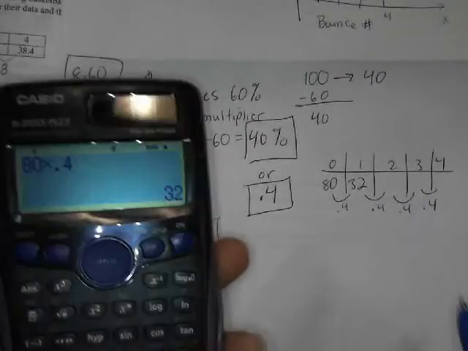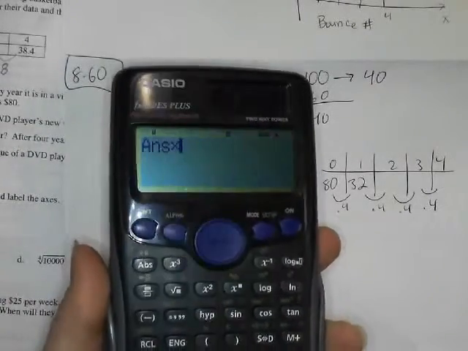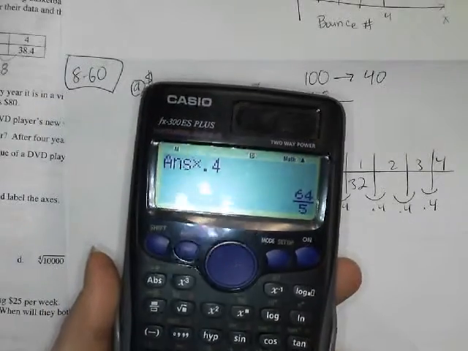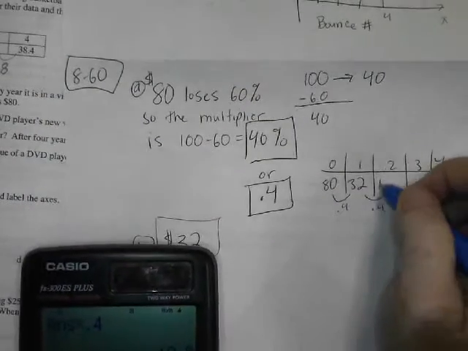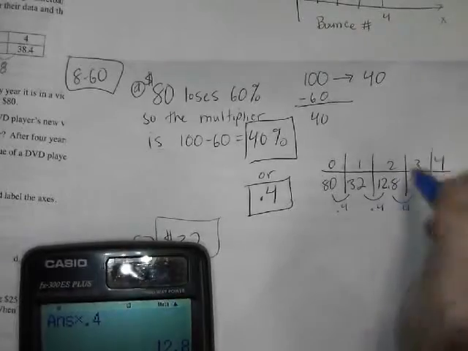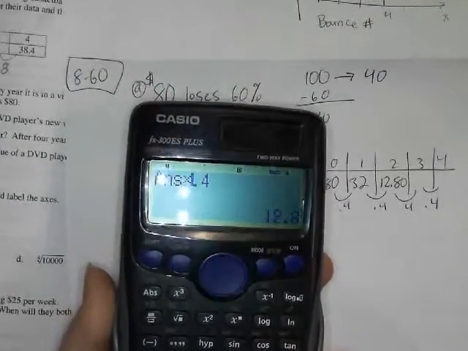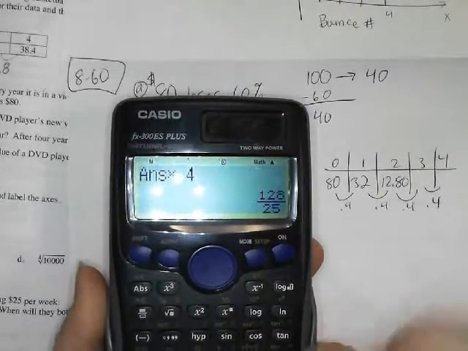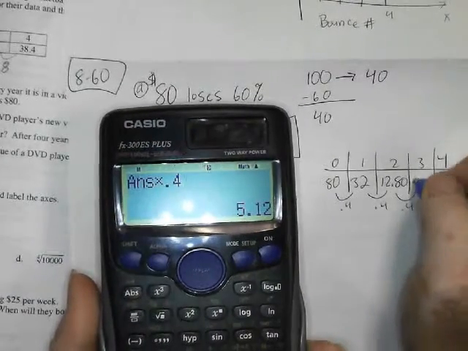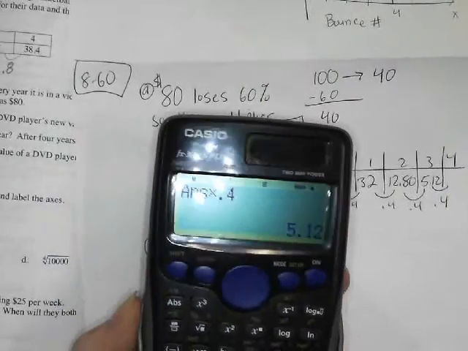So let's do it this way. You're right, you can just keep multiplying it by 0.4 if you want to, and then now it's $12.80, see, it's losing value quick. Then times 0.4, and now it's $5.12. Thing's not worth much.